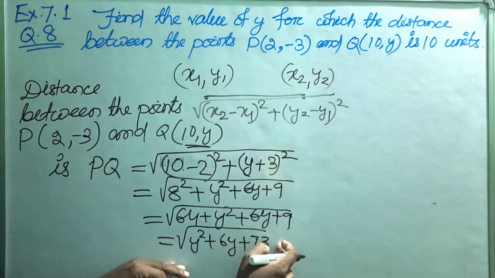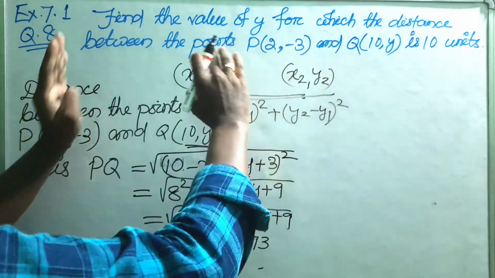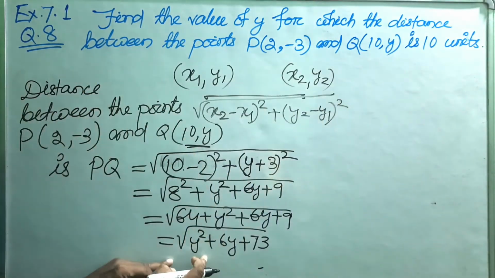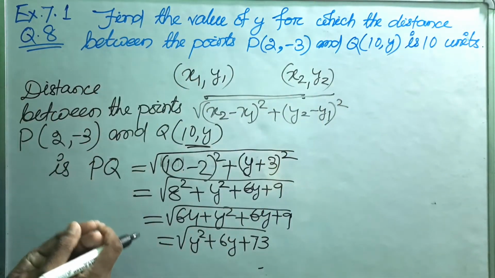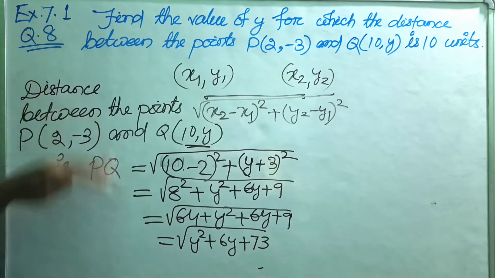Now this is the distance between the points P and Q, but the distance between the points P and Q is given as 10. So that means this distance is equal to 10. So let us equate this one to 10. First of all, let me erase this one.